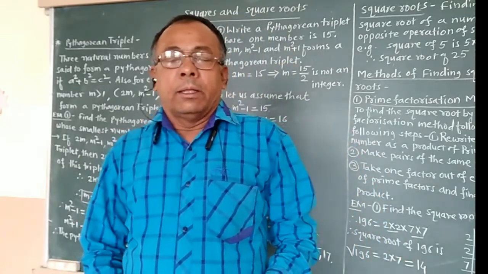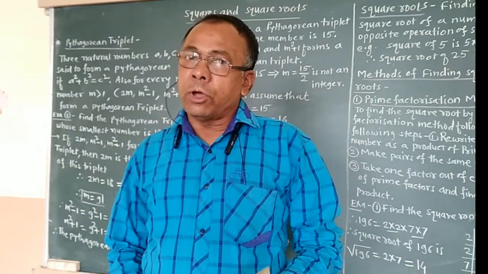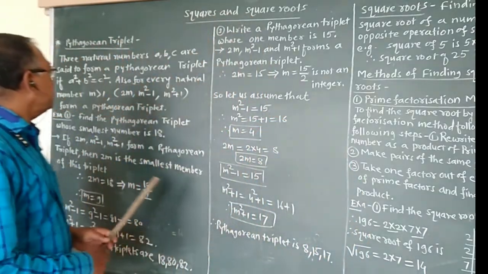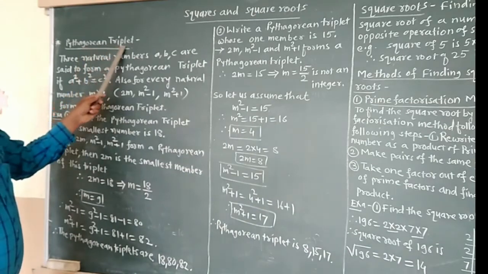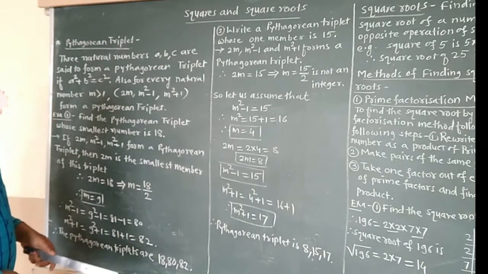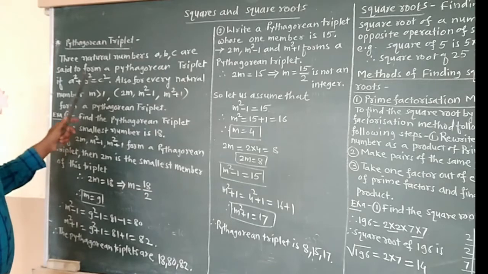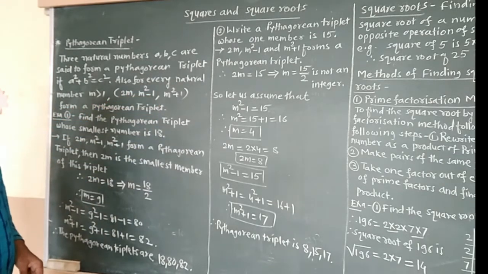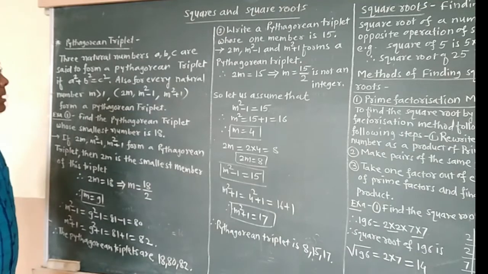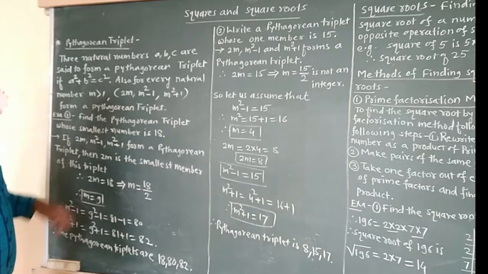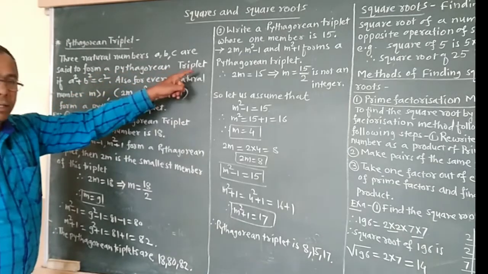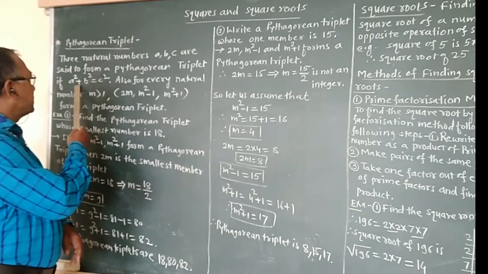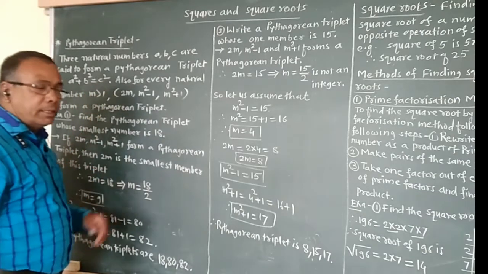Here, the hypotenuse is the longest side of the right angle triangle. In a Pythagorean triplet, if A, B and C are three natural numbers, these numbers are said to form a Pythagorean triplet if A square plus B square is equal to C square.